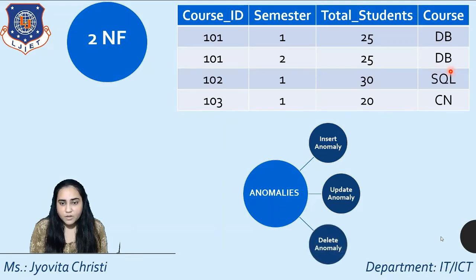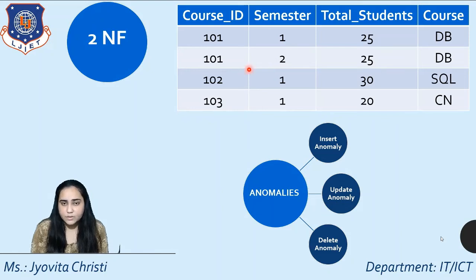The next type of anomaly is the delete anomaly. The delete anomaly is where I want to delete a particular course from this table. So let's say that, as an example, I want to delete DB from this table. Then this causes me trouble, because if I delete DB from this table, then I also lose the data that says second semester total students are 25.